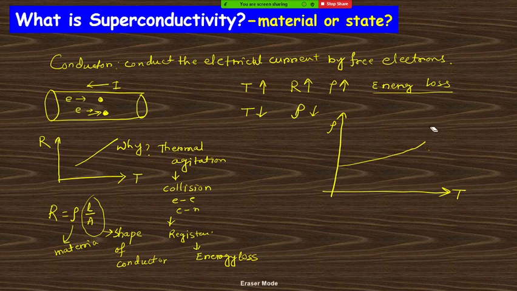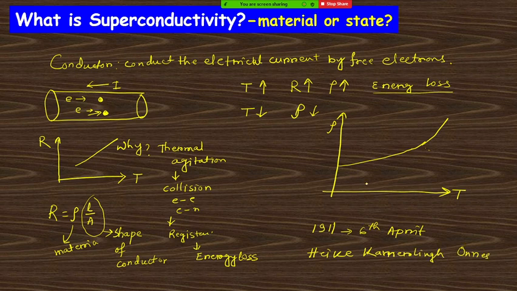But experimentally, on 6th April 1911, the scientist Heike Kamerlingh Onnes studied the effect of lowering the temperature of mercury.